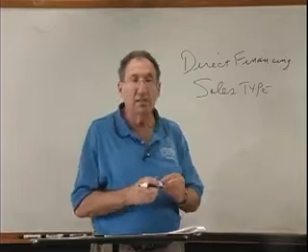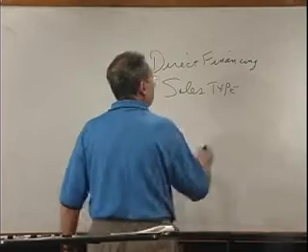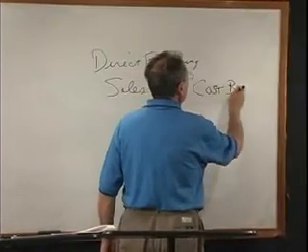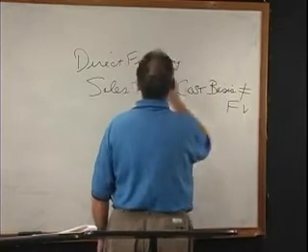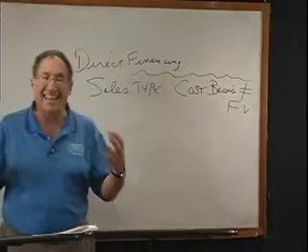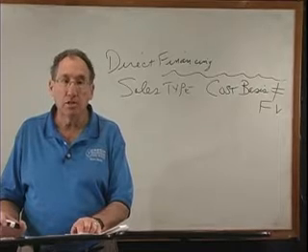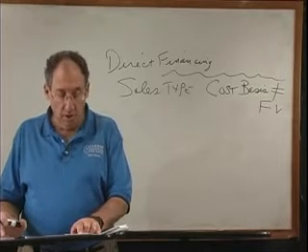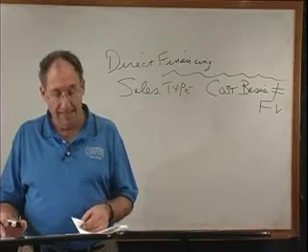And in this case, from the lessor's point of view, cost basis does not equal fair value. The cost basis, that is the carrying amount of this asset on the lessor's books, that is book value, cost basis, whatever you want to call it, does not equal the fair value of that asset.